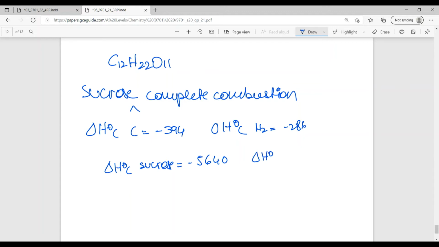So find out the standard enthalpy change of formation of sucrose. Feel free to pause the video and give it an attempt yourself.